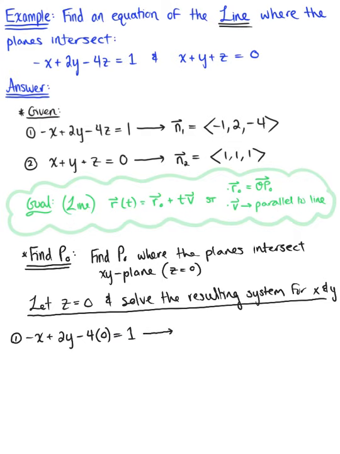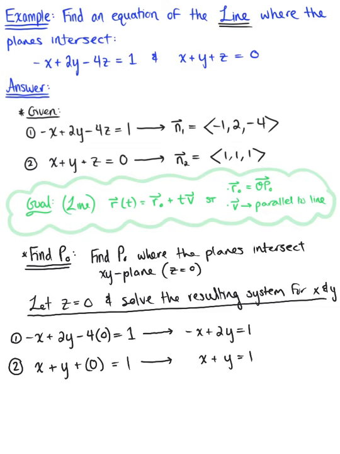And this leaves us with the equation minus x plus 2y equals 1. Now, plane number 2 becomes x plus y plus 0 equals 1. Leaving us with the equation x plus y equals 1.